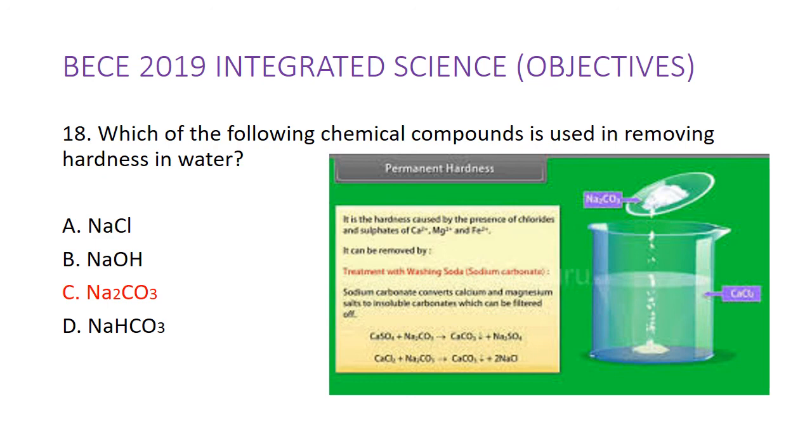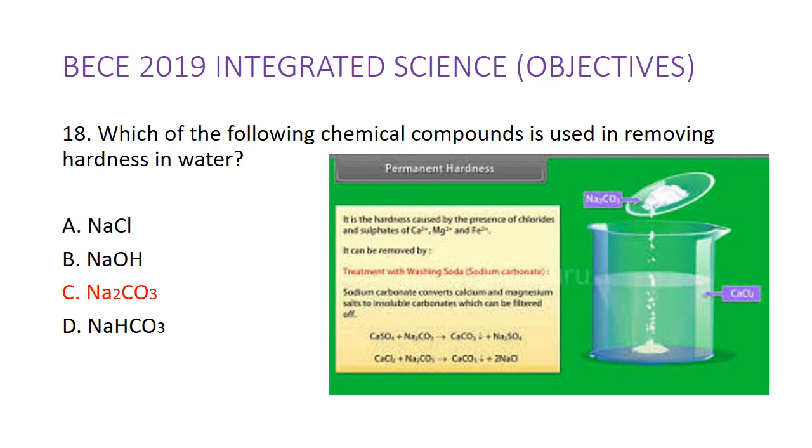It will make the water not lather with soap easily. It's difficult washing with hard water because of the presence of ions like calcium and magnesium.